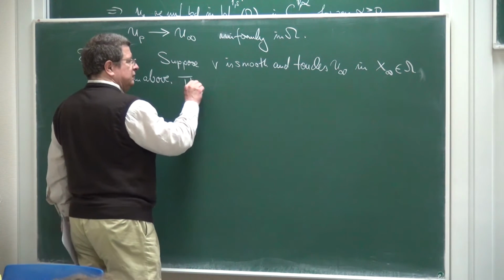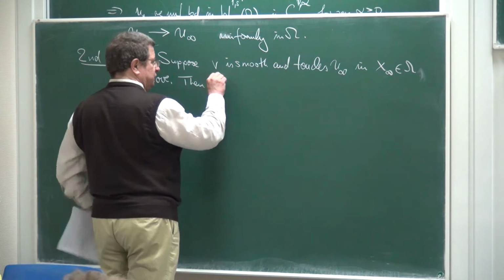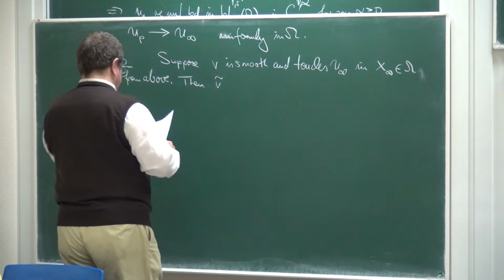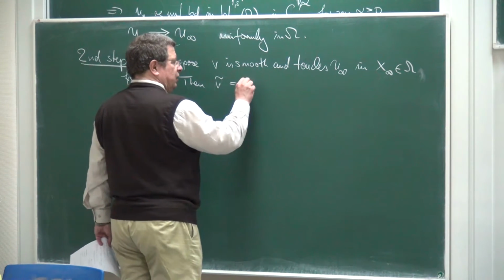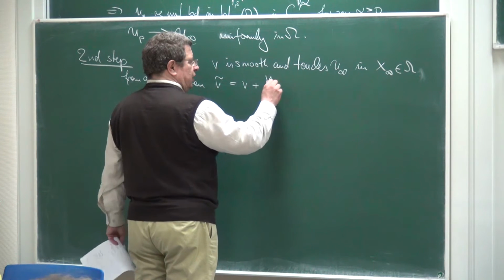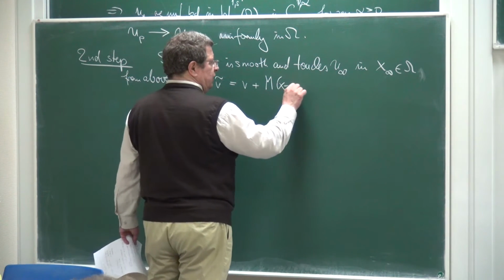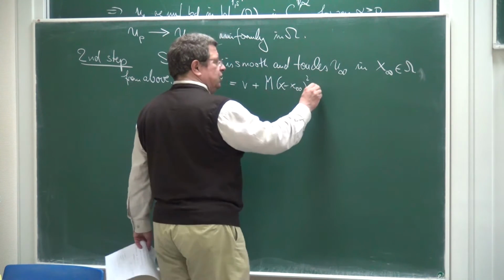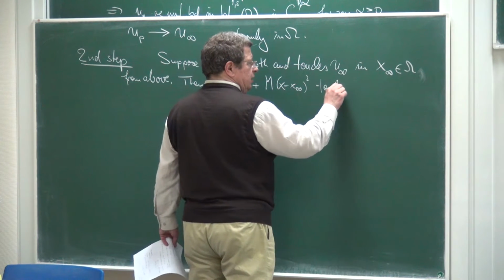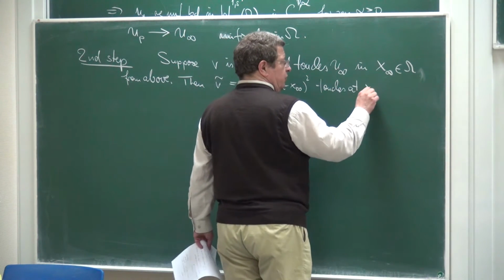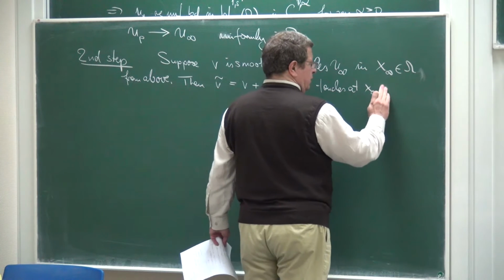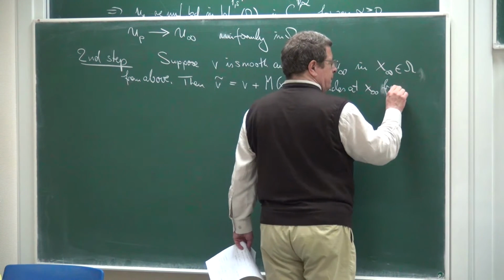Well, then also the following function v tilde, v plus a large constant times |x minus x_infinity| squared, touches at x_infinity from above.